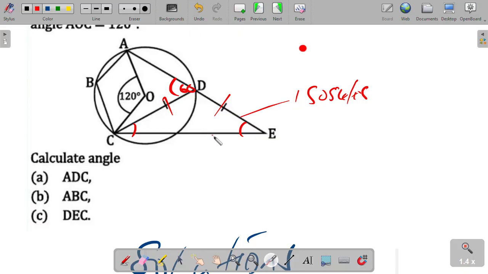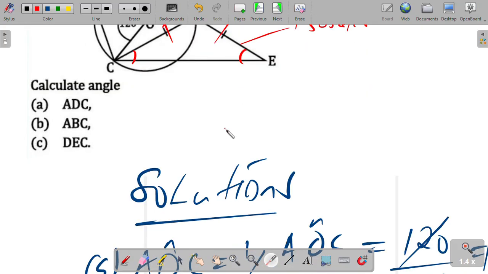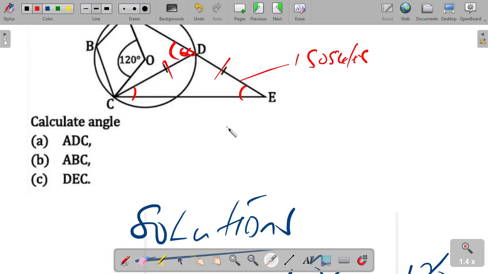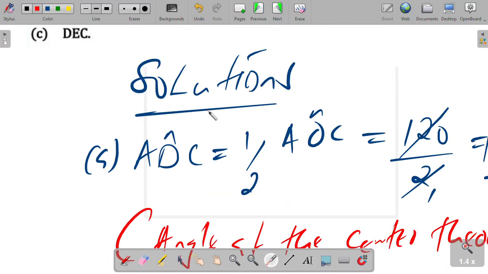All right, so what theorem are we applying here? So we're applying the angle in the straight line and sum of the interior angles, which means when we add these two angles, we must get that angle. But for us to find these two angles, we must apply the theorem.